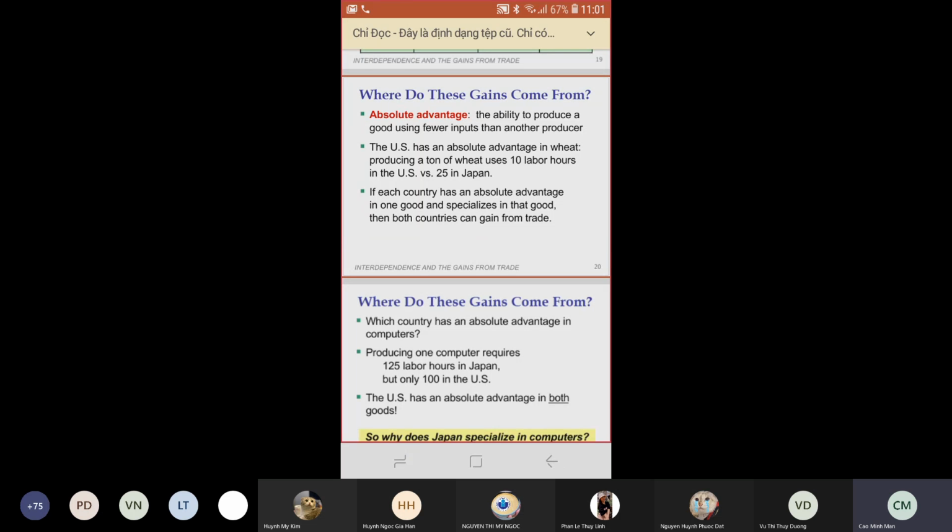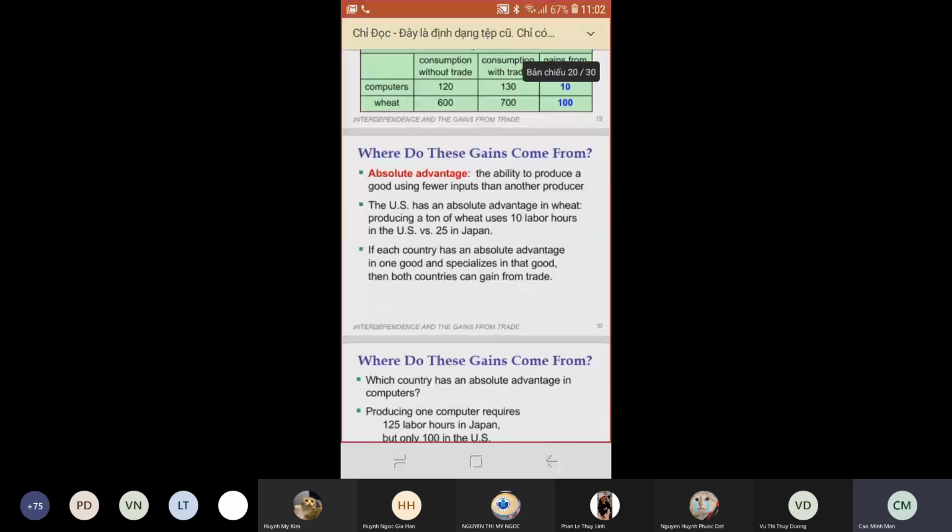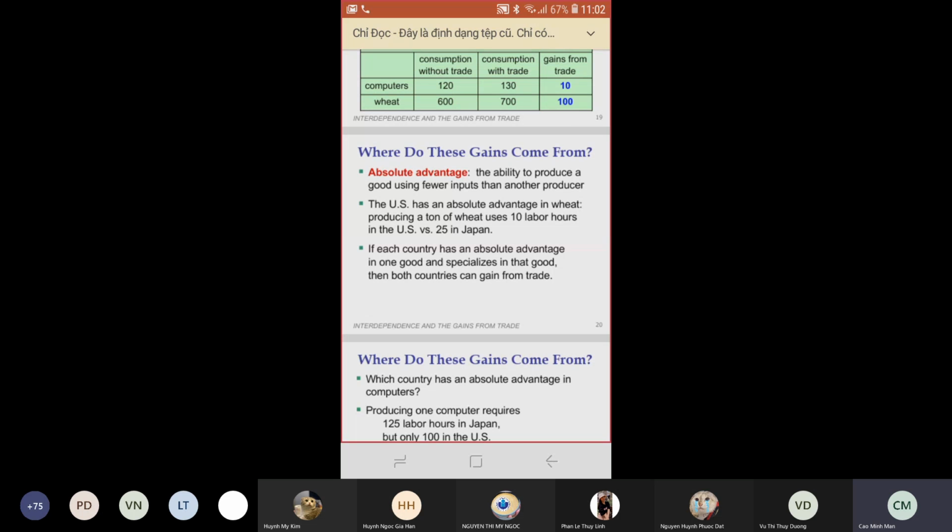That's the reason why many economists argue absolute advantage is not a key reason. You have to remember, even though absolute advantage is one possible reason for trade, it is not a key reason for trade.